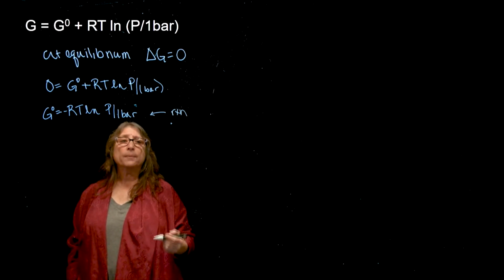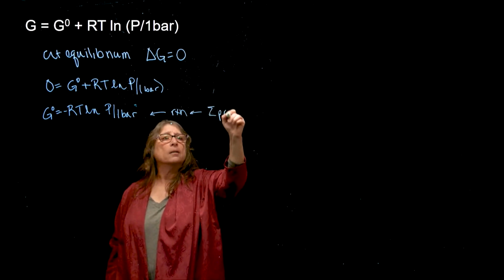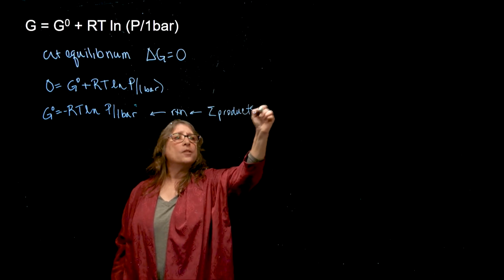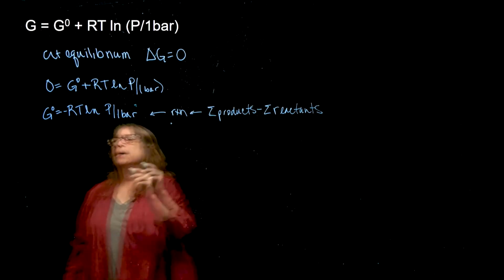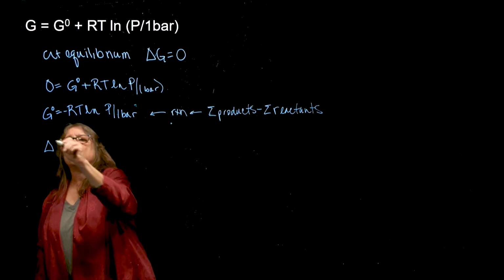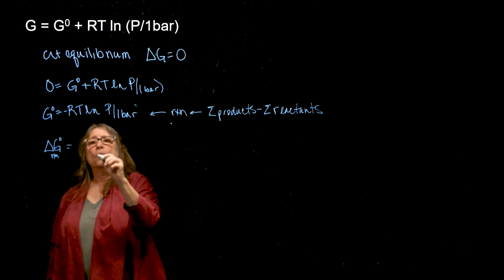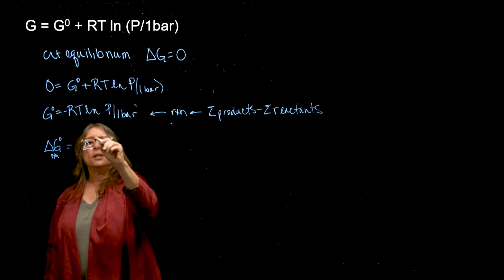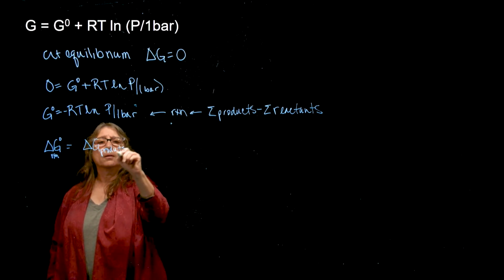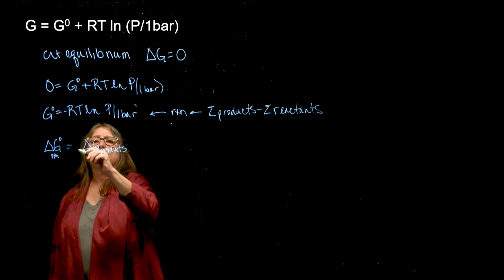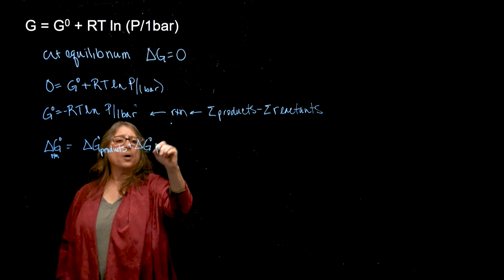In order to do this, I need the sum of the products, and I have to subtract off the sum of the reactants. And so I have the delta G for the reaction under standard conditions, which is the delta G naught of a product and the delta G naught of another product.